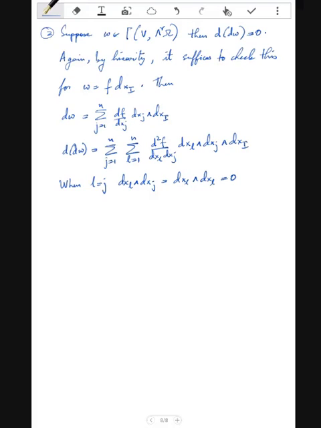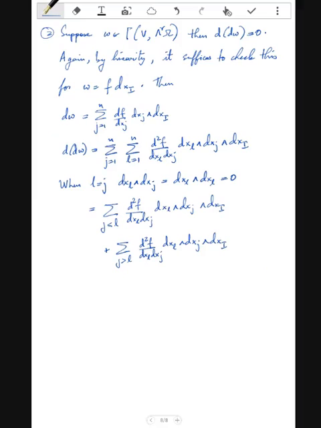So then this above expression, we can write it as summation j strictly less than l of d square f by dx_l dx_j, dx_l wedge dx_j wedge dx_i, plus summation j strictly greater than l of d square f by dx_l dx_j, dx_l wedge dx_j wedge dx_i.